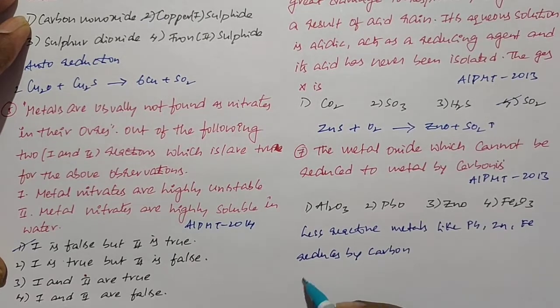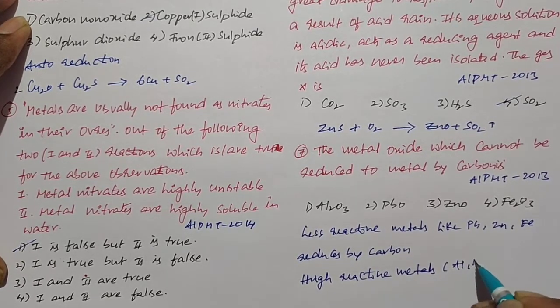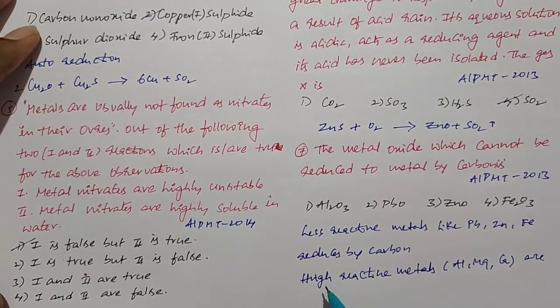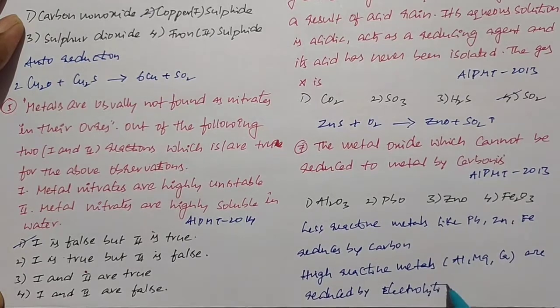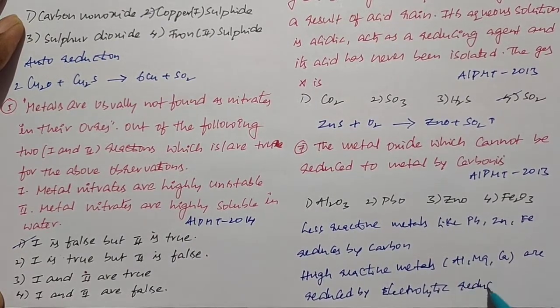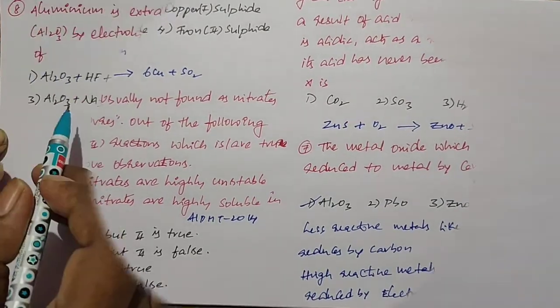At the same time, highly reactive metals like aluminum, magnesium, calcium are reduced by electrolytic reduction. So based on this, the first option is the right option. That's all. Okay students, this is the next question.